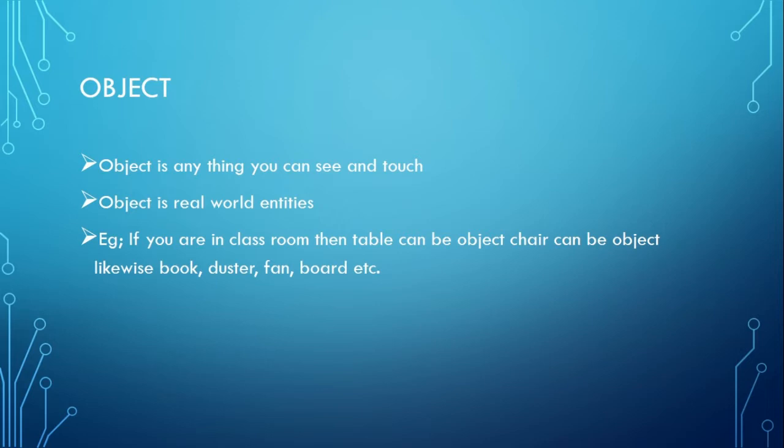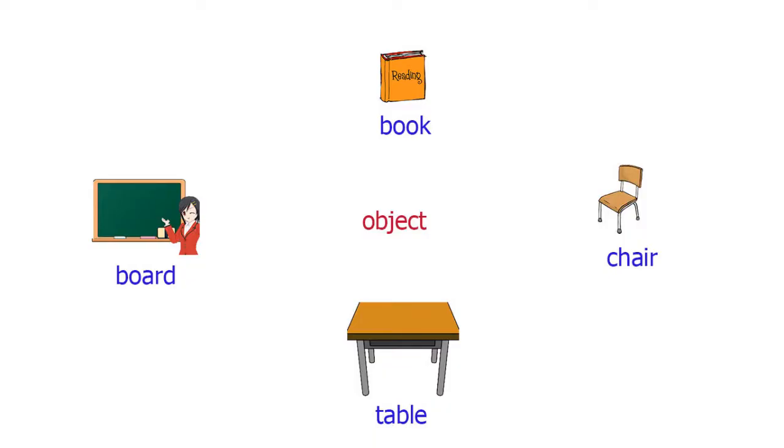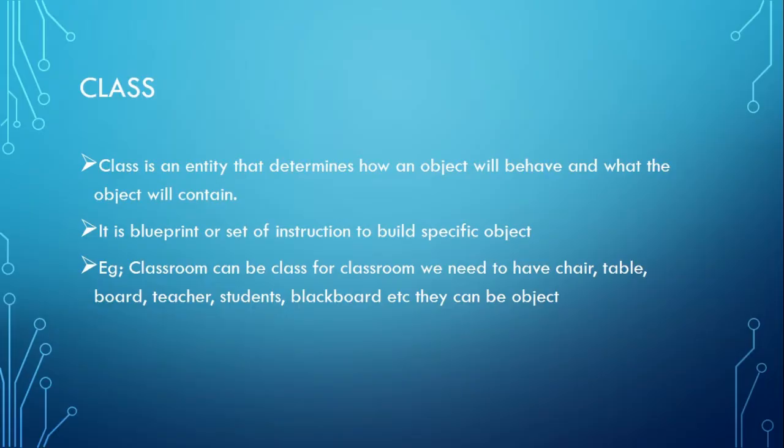You can see a board, book, pen; everything you can see and touch can be an object. Let's clarify with a diagram. As you see in the diagram, there is a chair, table, book, board, which we will find in a classroom. They all are objects.